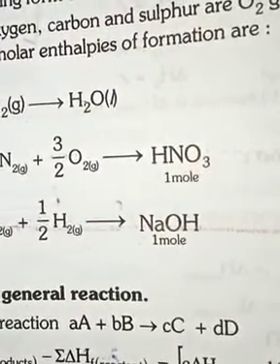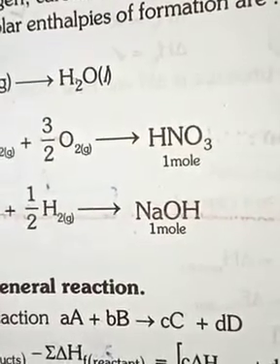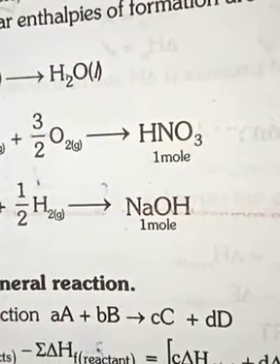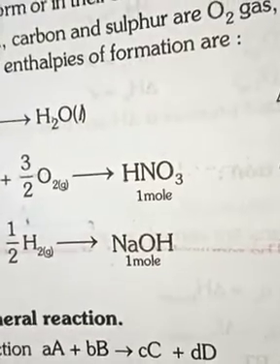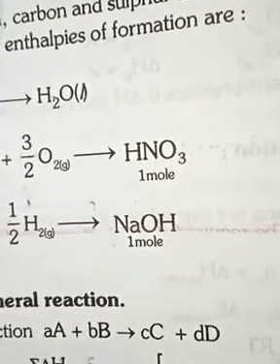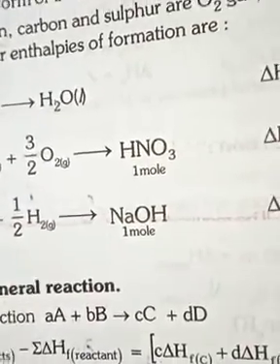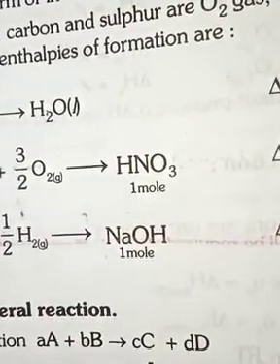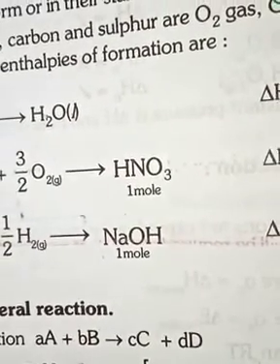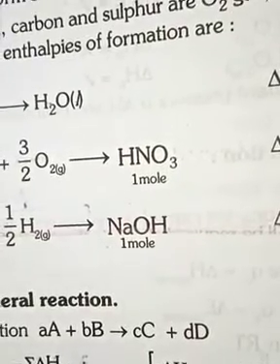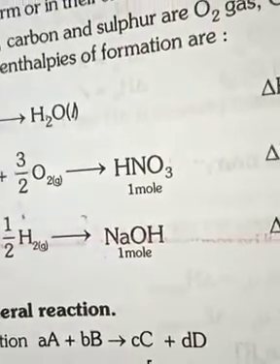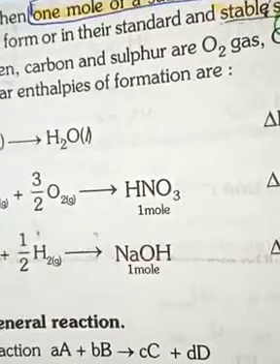Now let's suppose we are given a reaction A + B gives C + D. Let this reaction be given, and we are provided with the heat of formation of products and reactants, and in the question we are asked to find the heat of reaction.